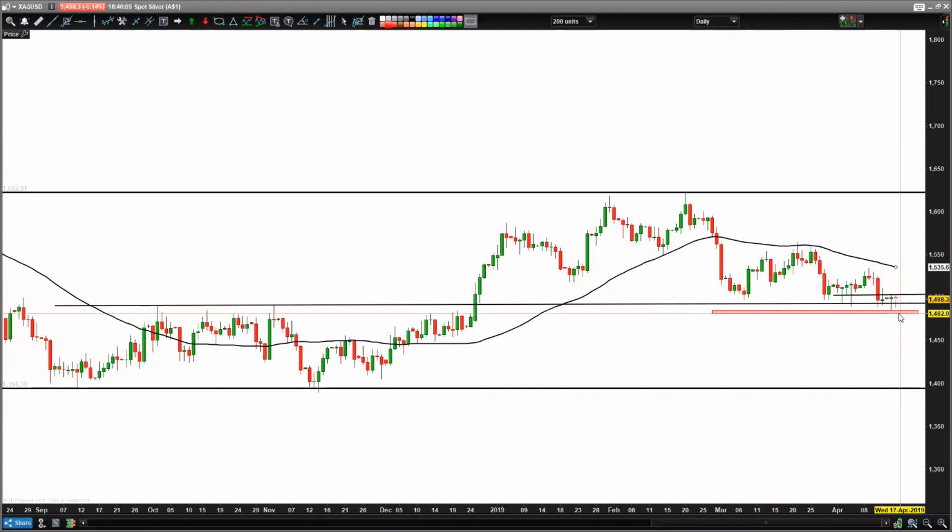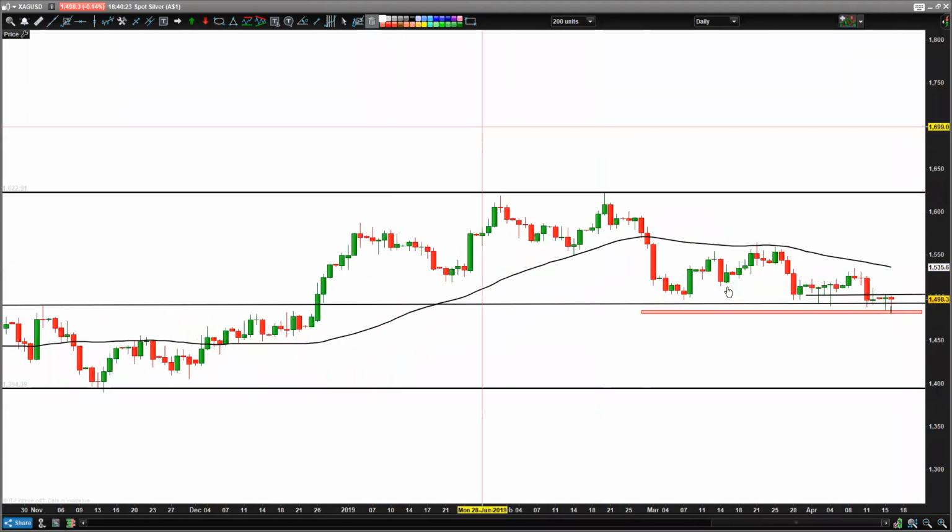Now my stop is $14.82. And my entry is right down here at $14.90. So my risk is that much. If the price goes underneath that level there, I get a loss, albeit small. So that's my risk.